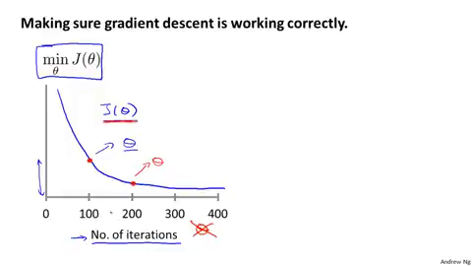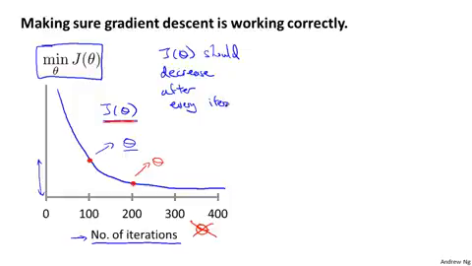So what this plot is showing is the value of your cost function after each iteration of gradient descent, and if gradient descent is working properly, then J of theta should decrease after every iteration. And one useful thing that this sort of plot can tell you is that if you look at the specific figure that I've drawn, by the time you've gotten out to maybe 300 iterations, between 300 and 400 iterations, it looks like J of theta hasn't gone down much more.